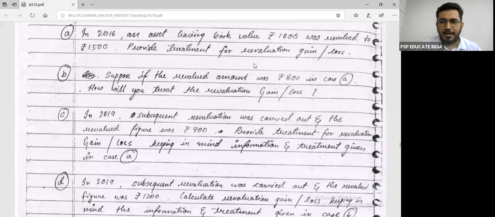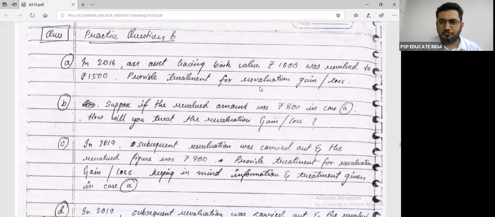Yes, question number 8A. I am reading the question for you. It says, in 2016, an asset having a book value of 1000 was revalued to 1500. Provide treatment for revaluation gain or loss.